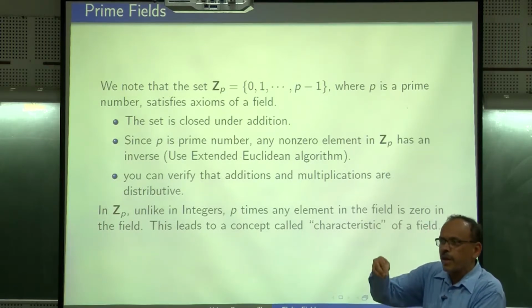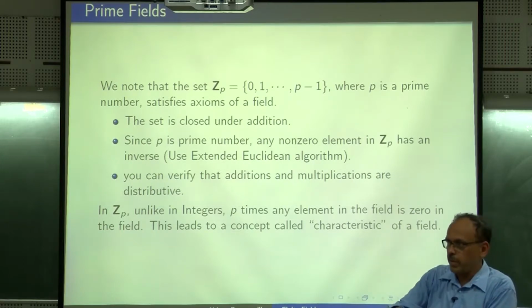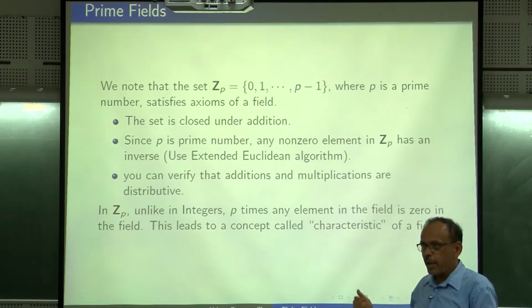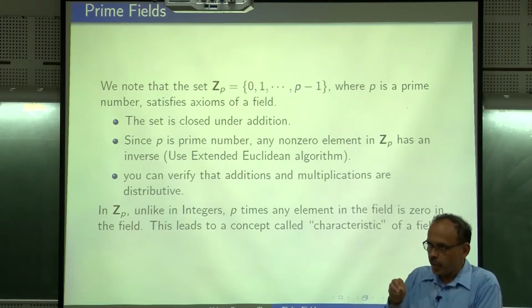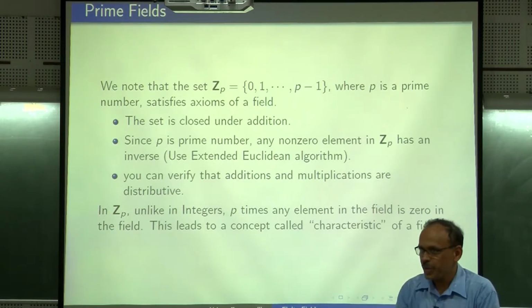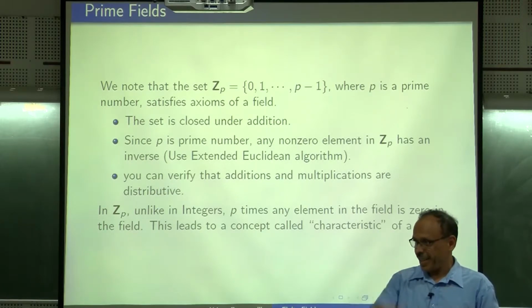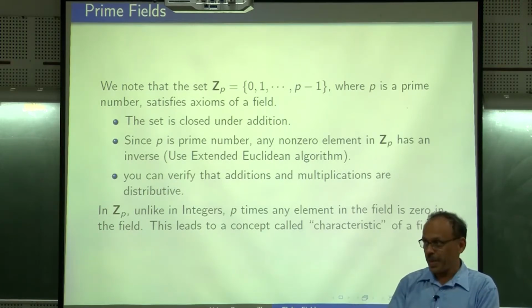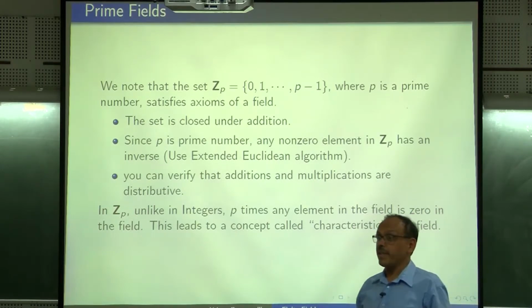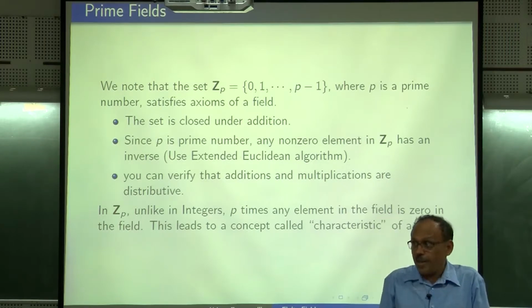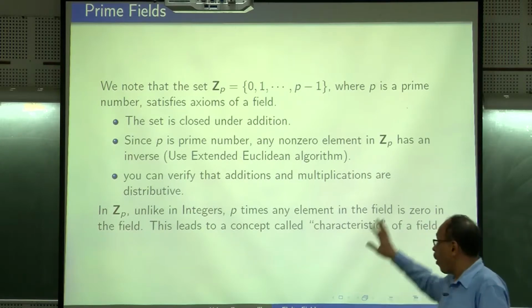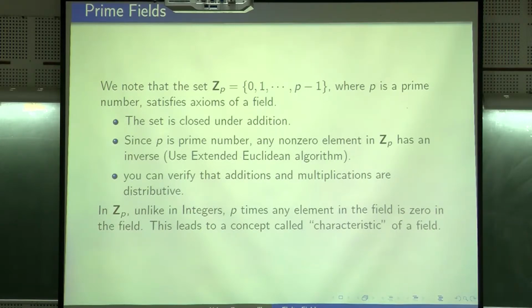It will only grow, it can never become 0. Whereas with modulo p, you start with 1, then 2, keep on adding, 3, and after p additions it becomes 0. Something that is growing becomes completely 0, but in the real numbers it can never happen. So it's customary to say that the real numbers have characteristic 0, that means you can't make a non-zero element into 0. But all these finite fields actually have non-zero characteristic.